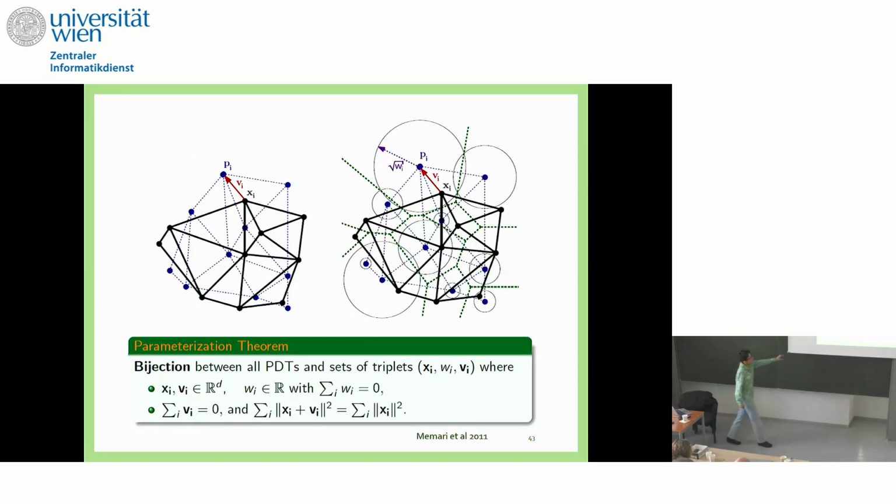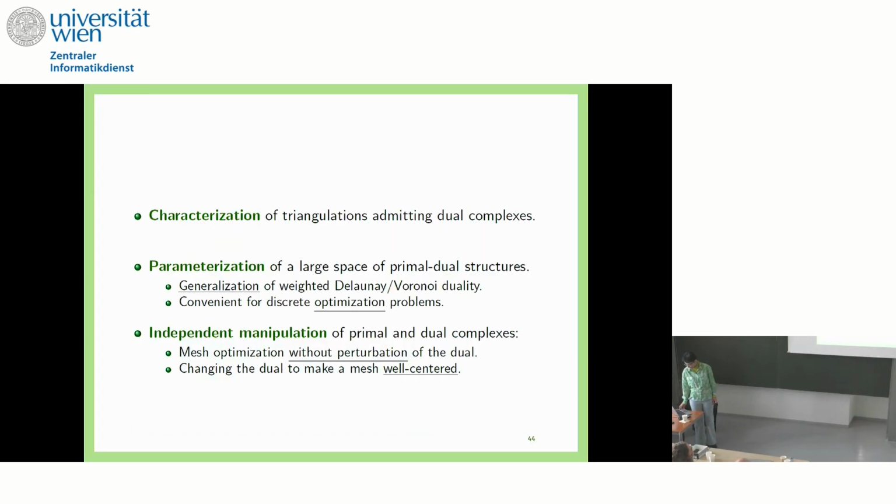So based on what we have said, we now have a parameterization of the space of triangulations: I can represent them by the position of the points, by the weights that are given, and also a kind of displacement vector that would somehow perturb them. That would completely characterize and parameterize the space of compatible primal-dual triangulations.